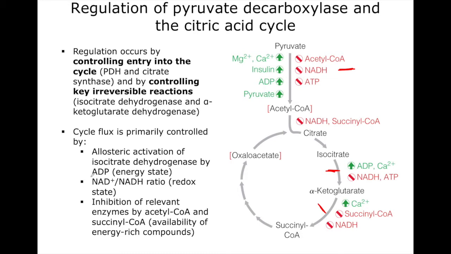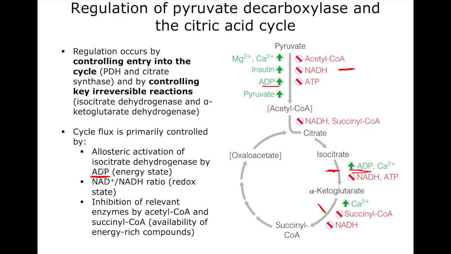So let's say we have a high concentration of ADP, what does that tell us? It tells the cell that most of the ATP has been hydrolyzed and we need to make more ATP. So what do we want the citric acid cycle to do? Well, we want it to be very active. So ADP tends to activate some of our enzymes, such as isocitrate dehydrogenase and the pyruvate dehydrogenase complex.